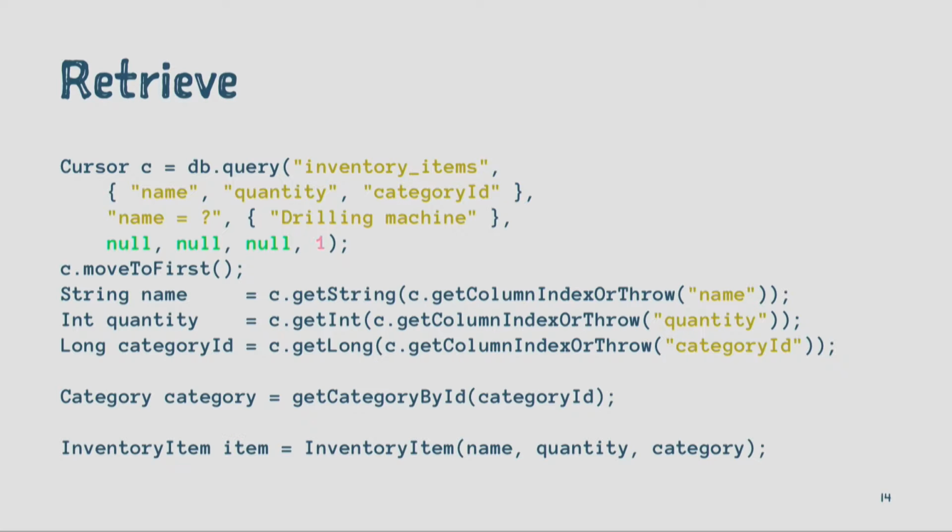Might need to do some additional mapping, like mapping the category ID, because of the object referential mismatch, to a value object again, and finally create our value type we wanted to retrieve.